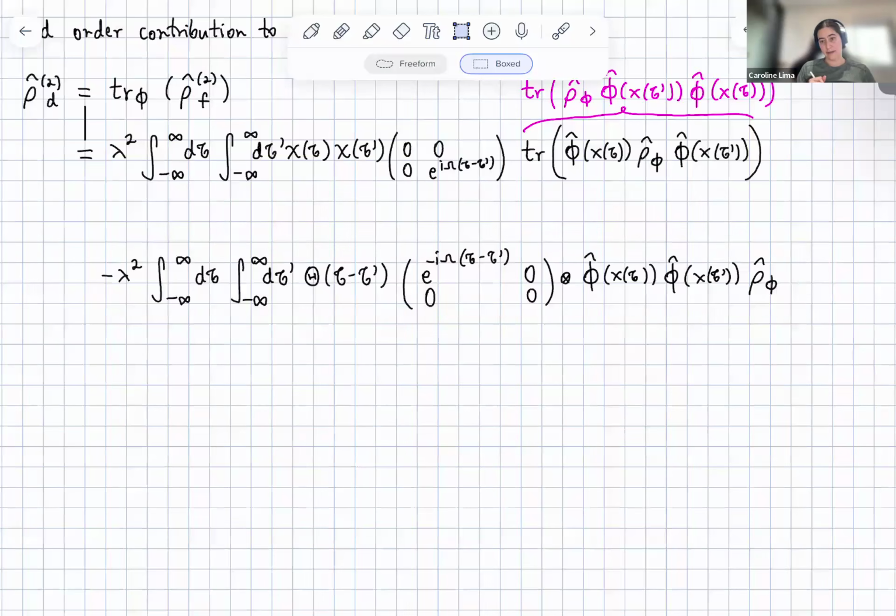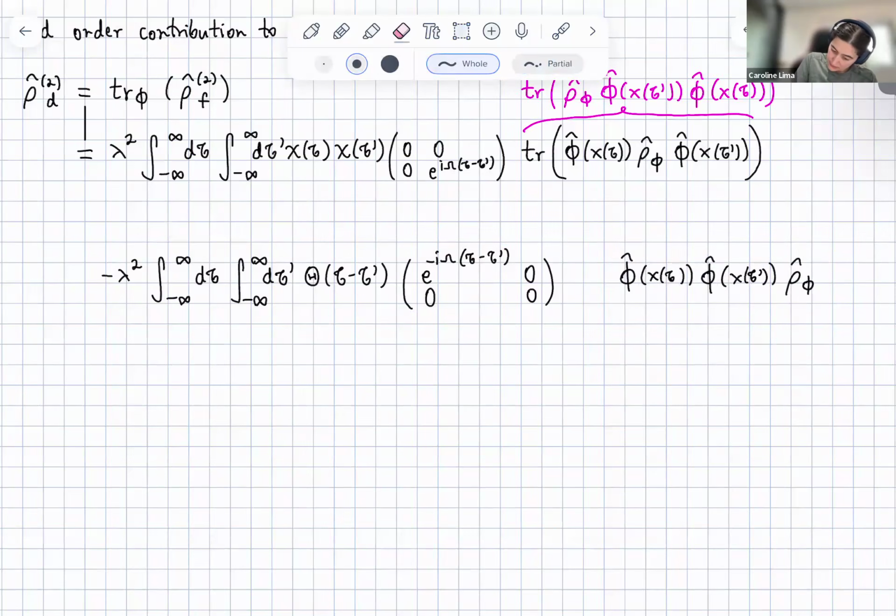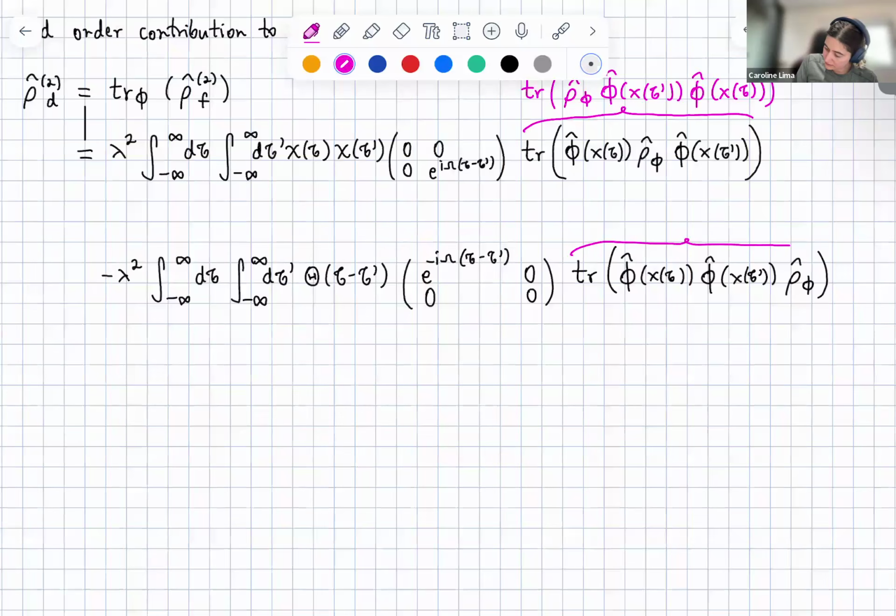So this is going to be the second contribution, and we need to again take the trace of this part here. And again, I'm going to rewrite that as the trace of rho phi times phi of x tau times phi of x of tau prime.